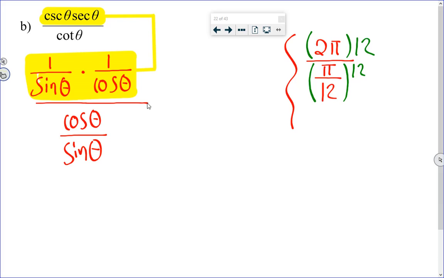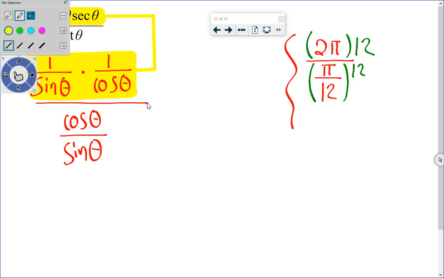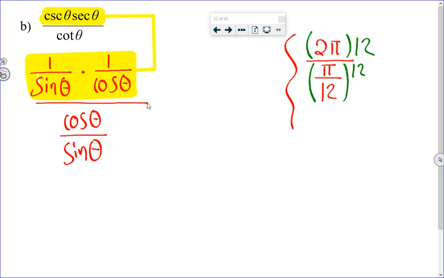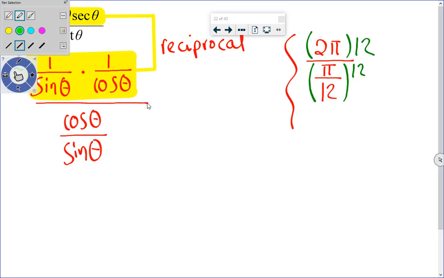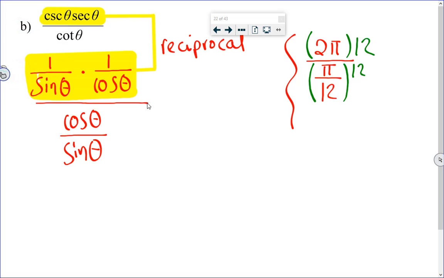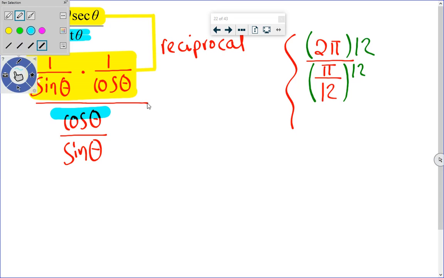Sure, reciprocal identities. Cosecant is 1 over sine. Secant is 1 over cosine. Now again, I'm going to write that down, but you don't have to in doing your work unless it's a proof. And yeah, those highlights make sense. Now, what is the reason why I am able to go from cotangent of theta to cosine of theta over sine of theta?